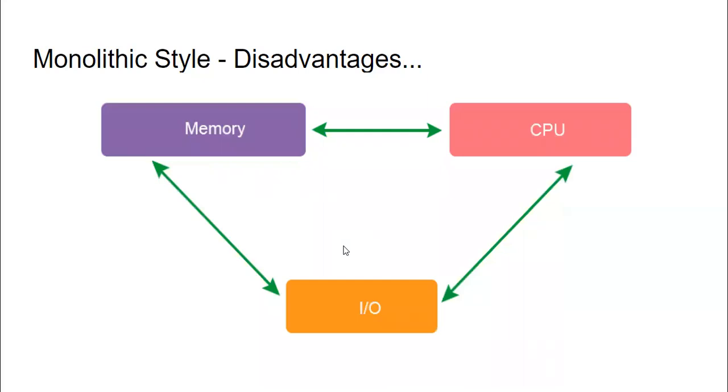Other disadvantages of the monolithic pattern: whenever the application grows, the code base also grows with it, which can overload the IDE every time it loads. Because of that, it reduces developer productivity.